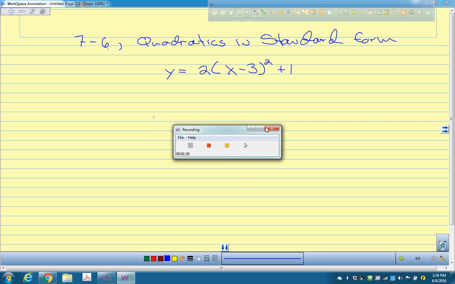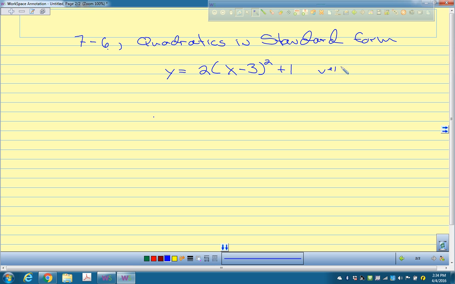And so here we go. If I have a parabola that looks like this, this is called vertex form, right? I can change that into standard form by multiplying everything out and adding it all together. So if I leave this 2 outside and I FOIL that inside piece, I get x squared minus 6x plus 9 plus 1. If I continue and distribute through, I get y equals 2x squared minus 12x plus 18 plus 1.